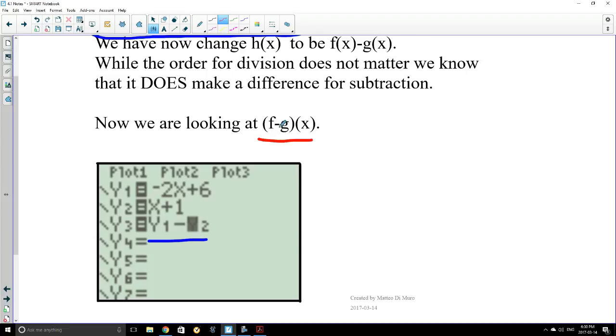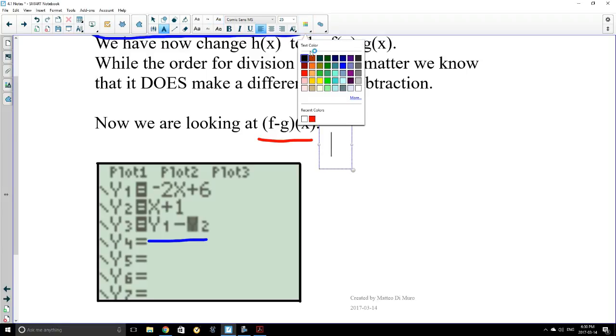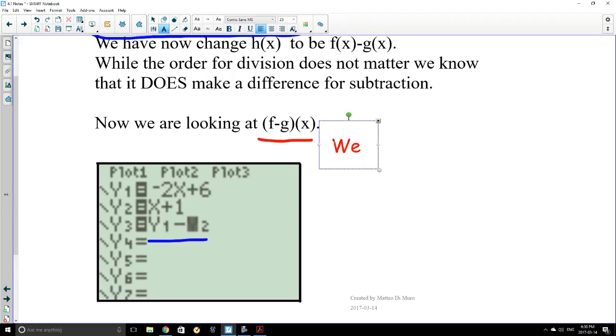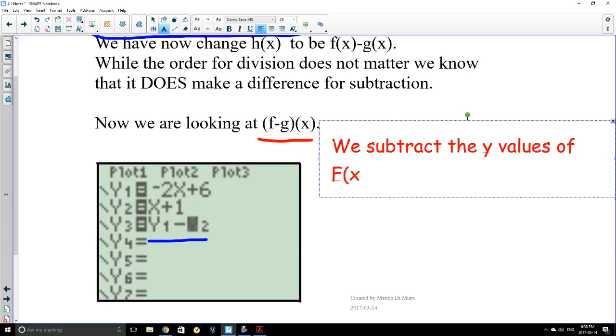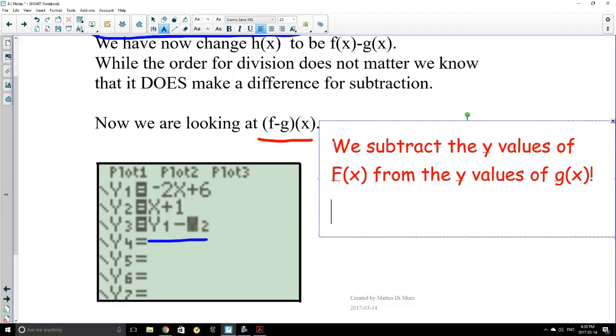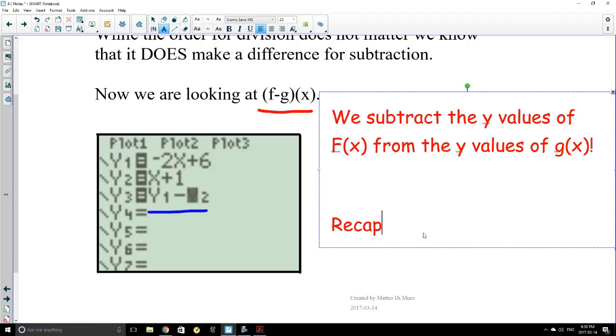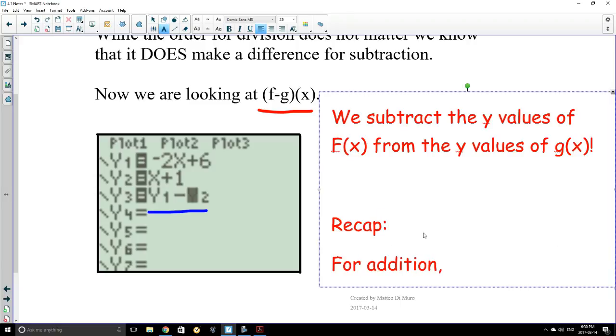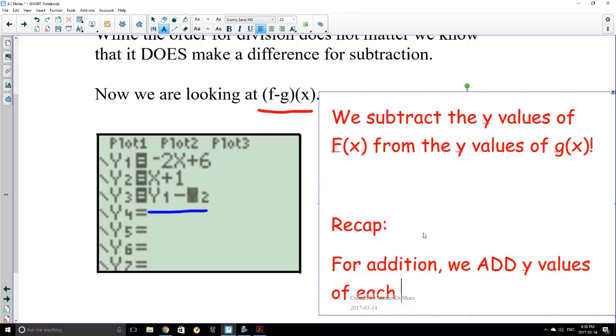Okay, so going back to the notes, basically what we notice for f subtract g of x is that we are subtracting the y values from each function to obtain the new function.